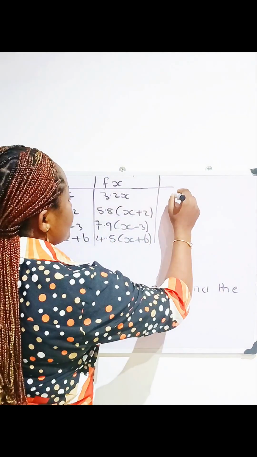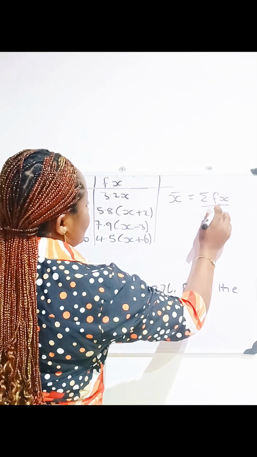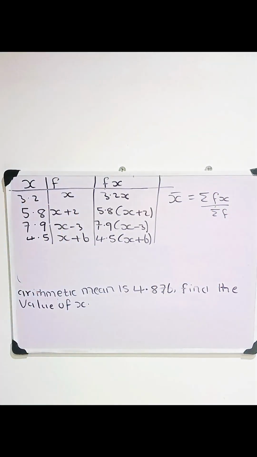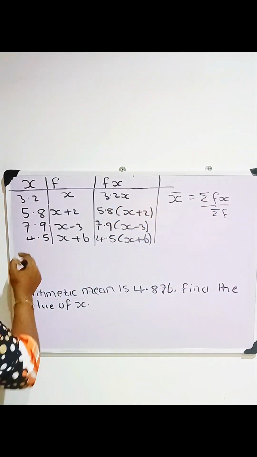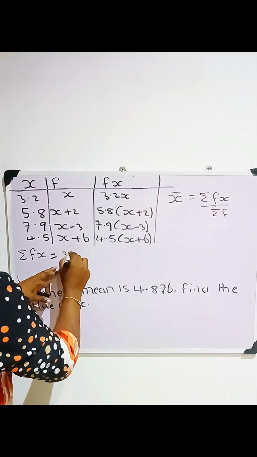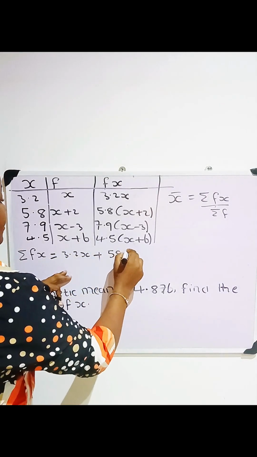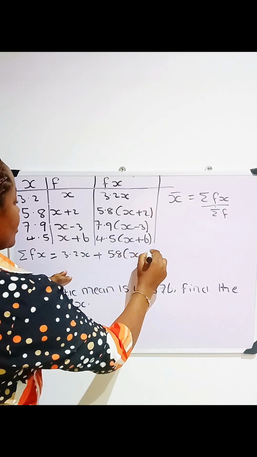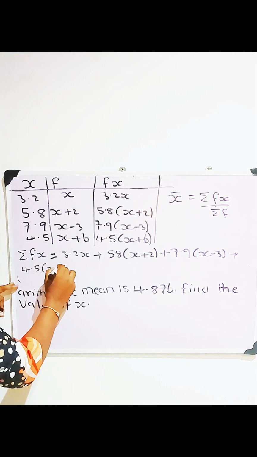Remember, the mean is equal to the sum of fx all over the sum of f. So our sum of fx will be equal to 3.2x plus 5.8 into x plus 2 plus 7.9 into x minus 3 plus 4.5 into x plus 6.